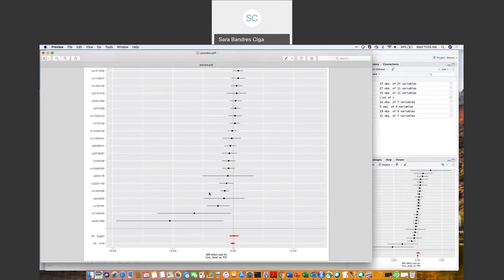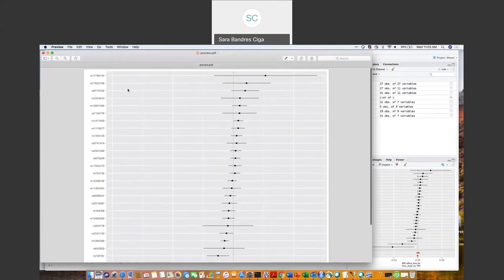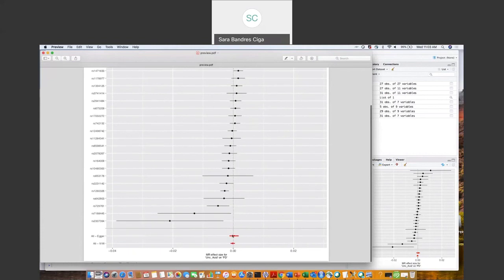Yes, sorry, I didn't explain the plot in detail. For each of these SNPs, you have the beta, right? This is the confidence interval, and this is your estimate for each of those SNPs. If there is a significant effect, a causal link, either risk or protective for your outcome, Parkinson's disease, you are meant to see these lines completely not crossing the line, but on the right or the left.